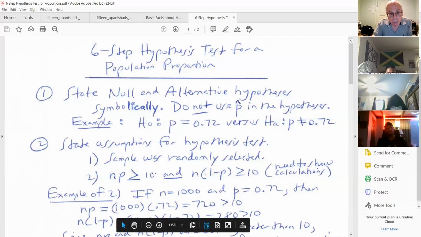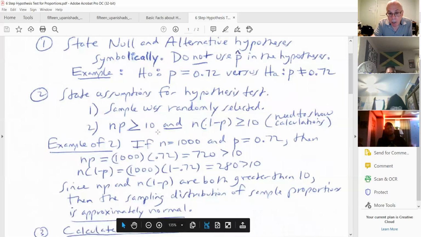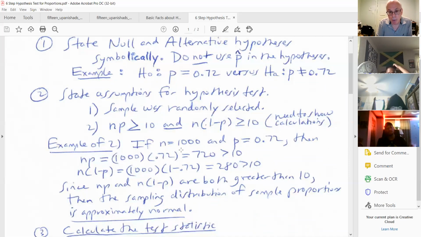As long as both of these calculations are at least 10, you can do the hypothesis test. If one of these is less than 10, you can't do anything more. You're done. You have to find some other way of doing the hypothesis test. This is not going to work, what I'm showing you.